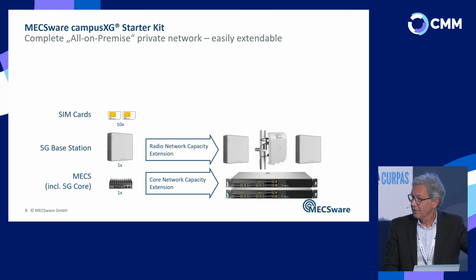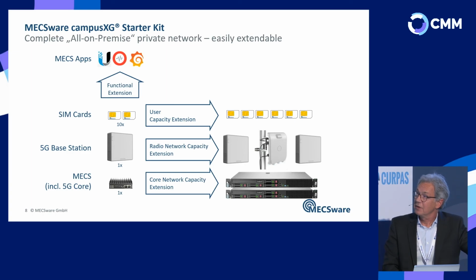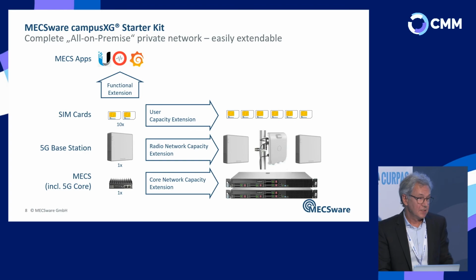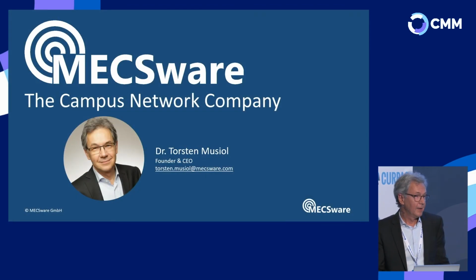You can have indoor-outdoor cells and user SIM cards, and then, as I already mentioned, the functional extension goes through MECS apps installed as applications on the server. And that concludes my presentation. I hope you got an idea how small a network can be built. And now I'm open to get your questions.